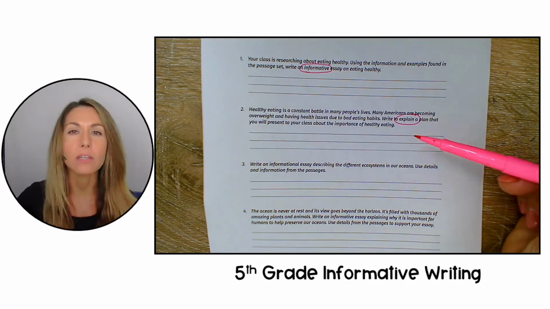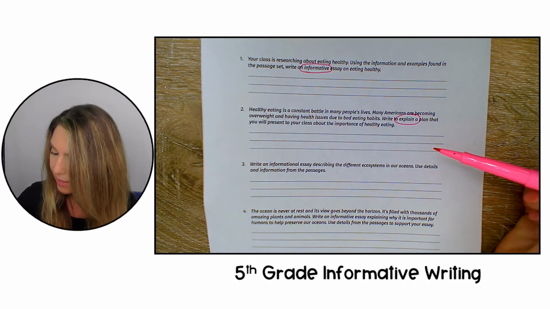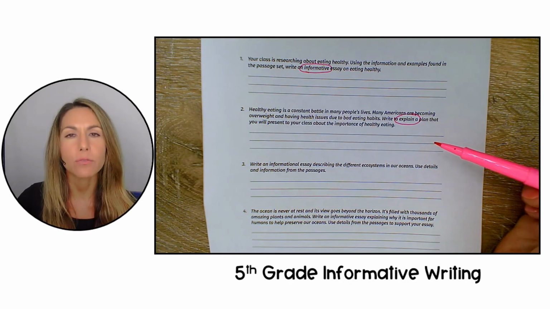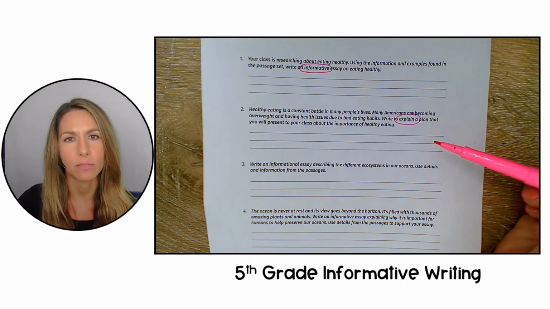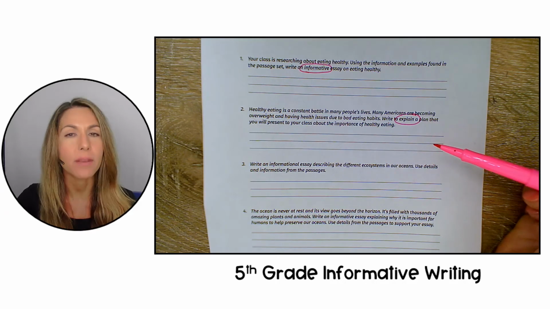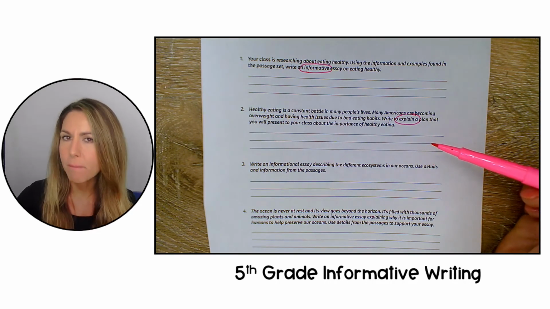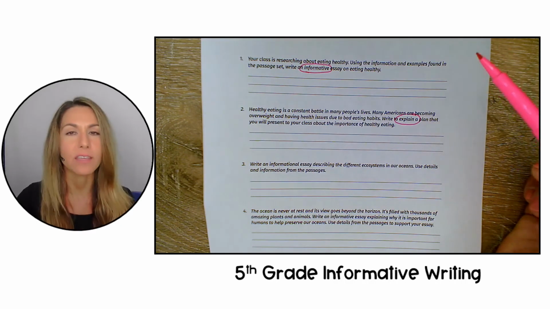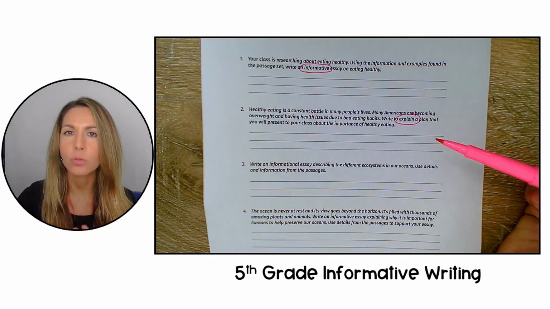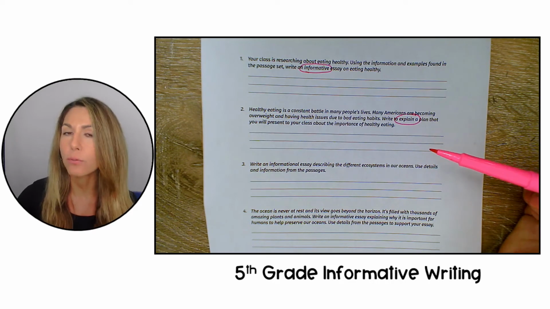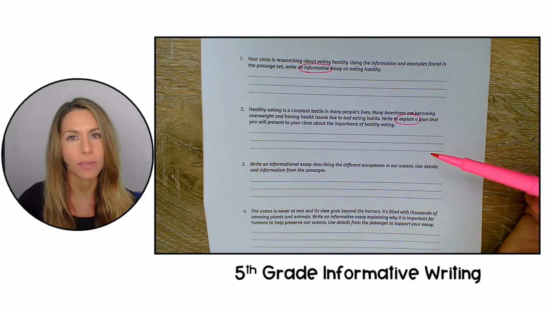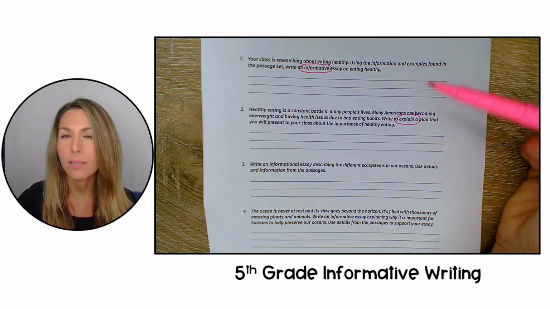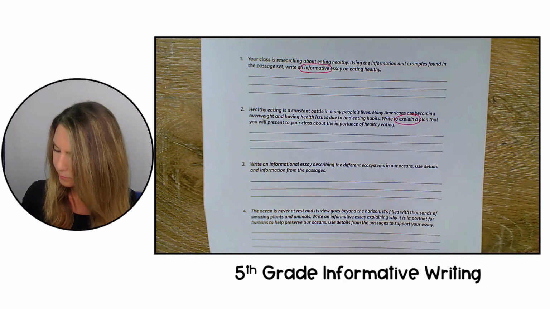So somehow in your own words, you should have said that you will write to inform your reader about how to eat healthy, to inform them about a plan or a step-by-step method for how to eat healthy. Not just explaining what healthy eating is, but an actual plan, a method, an approach to eating healthy. So number 2 is much more specific than number 1. You have a lot less options.